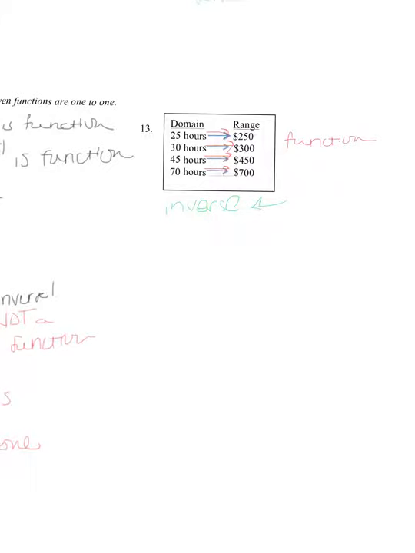And the answer is yes. 700 would go to 70, 450 to 45, 300 to 30, and 250 to 25. Because they each map only once from right to left, this is a 1-to-1 relationship.